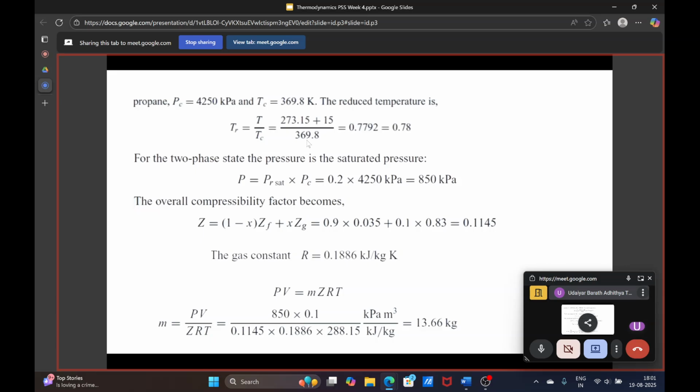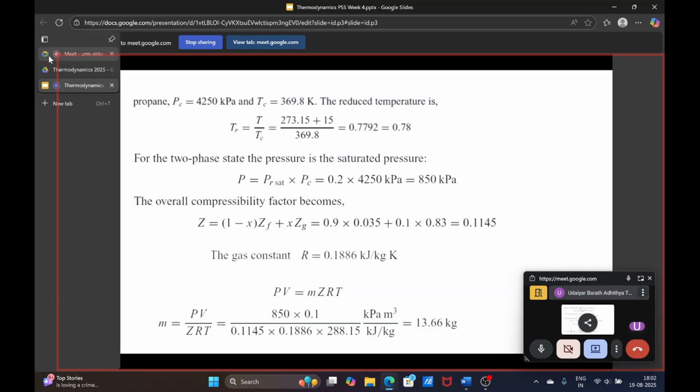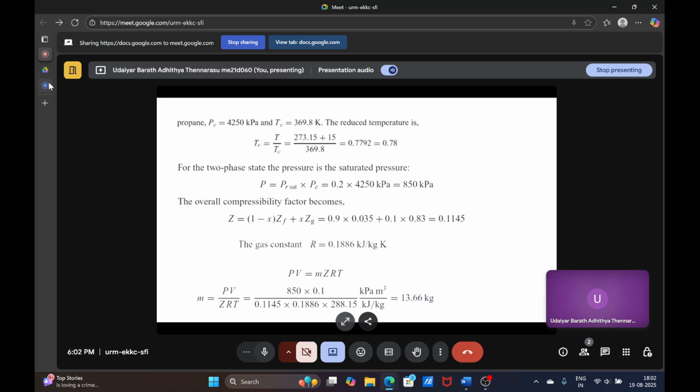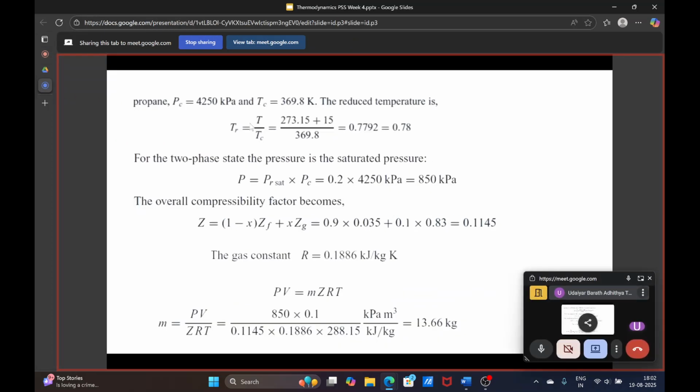So to start with, the critical pressure of propane is 4250 kilopascal and the critical temperature is 369.8 Kelvin. So your reduced temperature in this case is T by Tc.